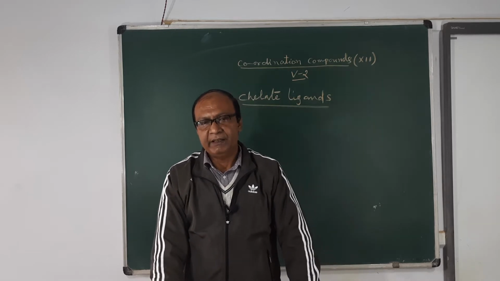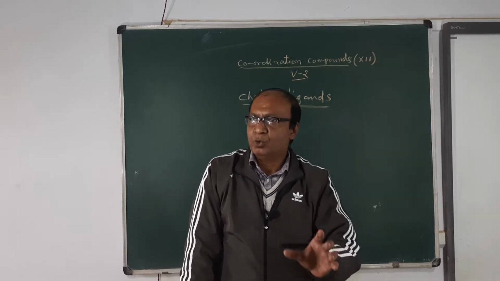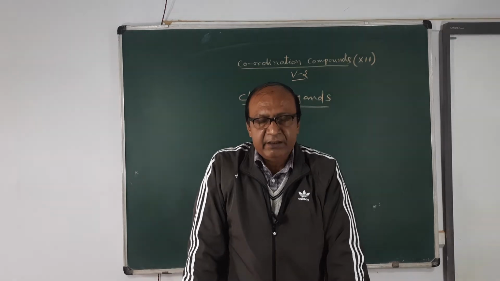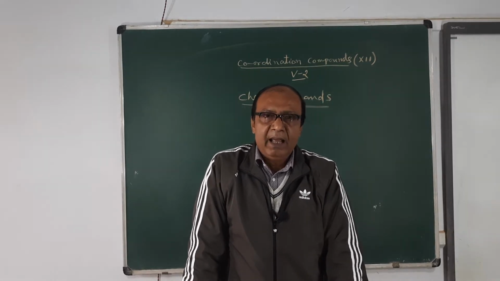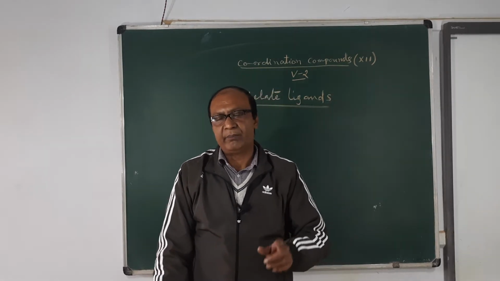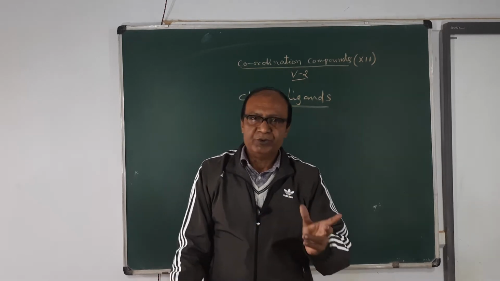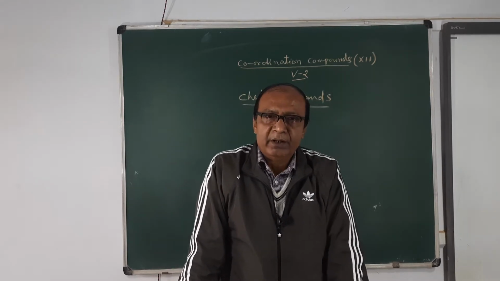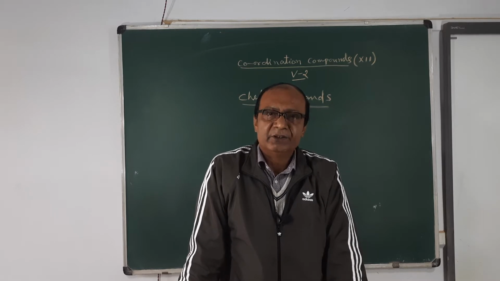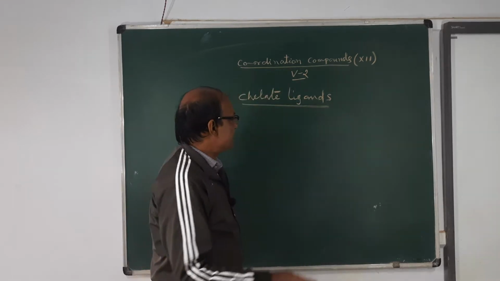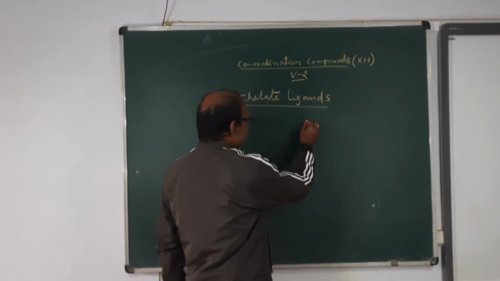So chelate ligands are those ligands whose denticity is more than 1 and which can link to the central metal atom or ion through coordinate bonding by using 2 or more different donor sites. Let us see some examples of chelate ligands.